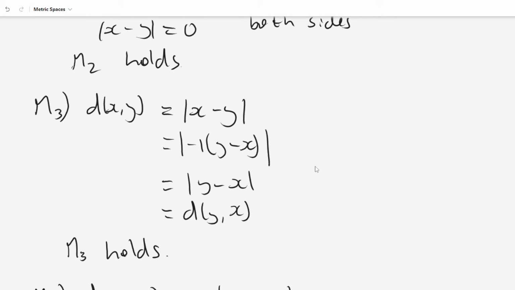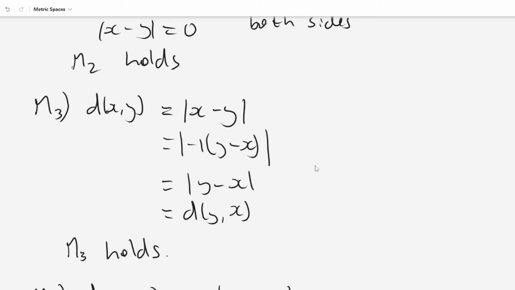So M3 says this is symmetry. So this says that the distance from x to y must be equal to the distance from y to x. So the distance function of x and y equals the absolute difference between x and y.